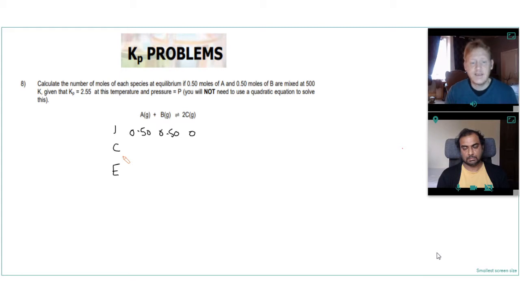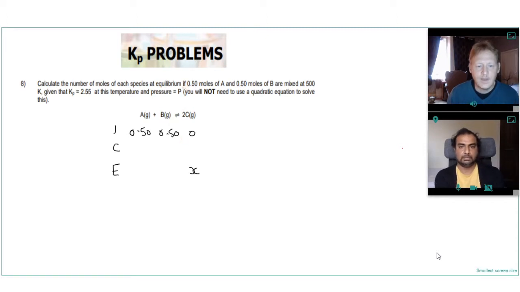We're going to have to say that X moles of, let's say, C has been formed. Or perhaps better to say, because it's 2C, 2X of C has been formed.